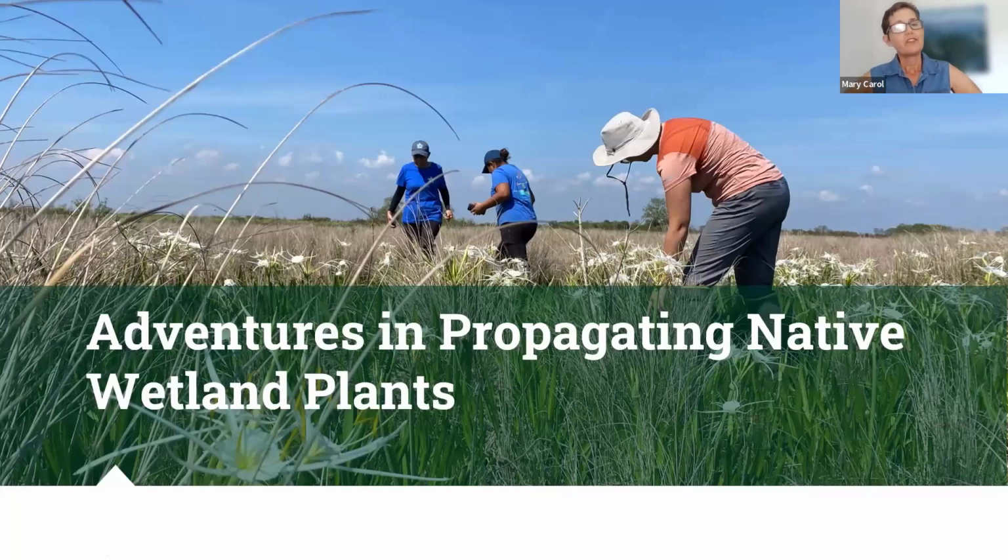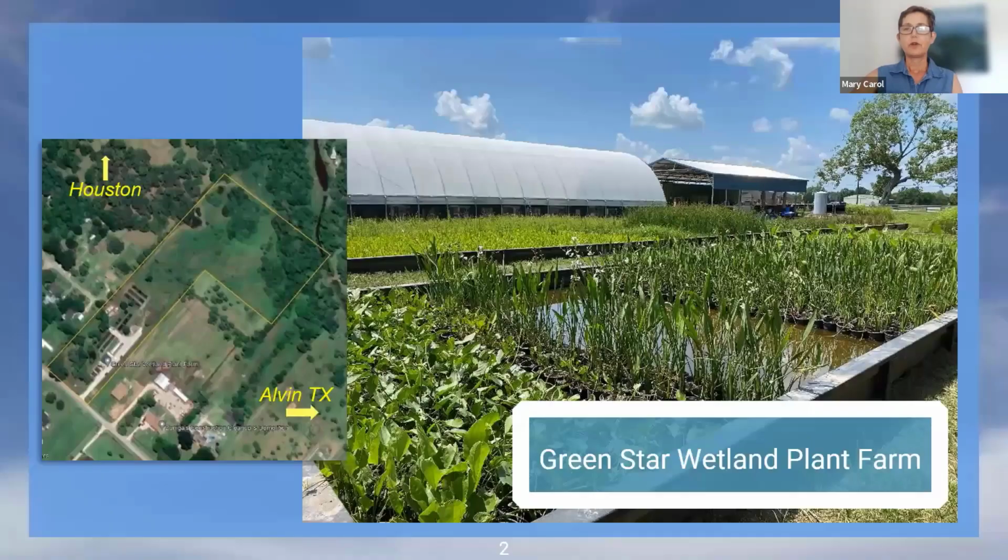So these things happen, but really what I wanted to tell you about was the whole starting of a business like this. One of the few native wetland plant nurseries in this area on the Gulf Coast. And that has been an adventure, a nonstop adventure. So we have a farm in Alvin, Texas.